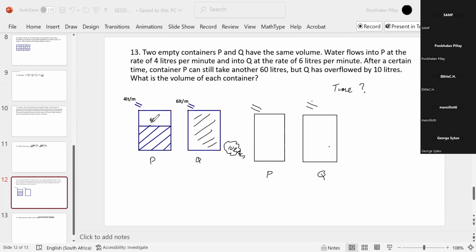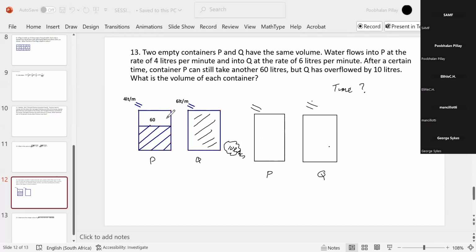Right. So what causes this? The reason for this is that there's much more water in this one than that, right? So the best way to look at this is to ask, what's causing the overflow? Now, I'm going to give you the tricky one first. This one here is being filled at 2 liters per minute more than that. After 1 minute, this has got 2 liters more. After 2 minutes, it's got 4 liters more, right?